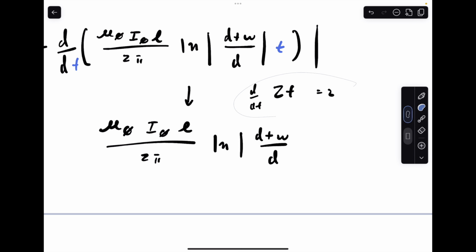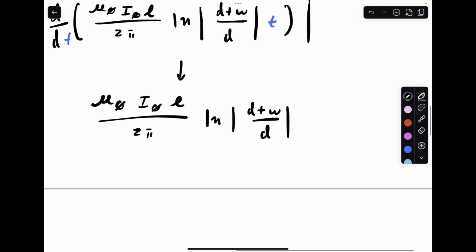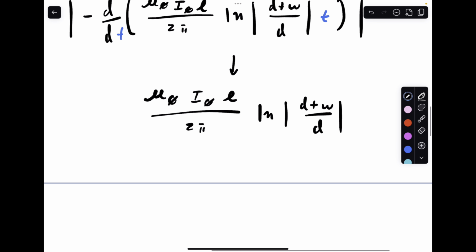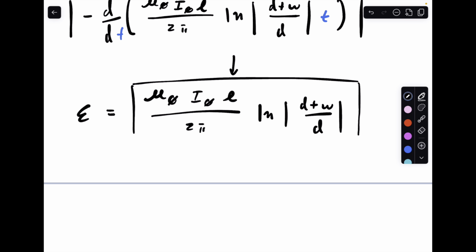That's my point here. This entire thing is a constant, so we can just drop the t and then bam, we get our derivative. So here we get mu naught I naught L divided by 2 pi times ln of d plus w over d is equal to our electromotive force. That is our induced electromotive force, and that's all you need for this problem.